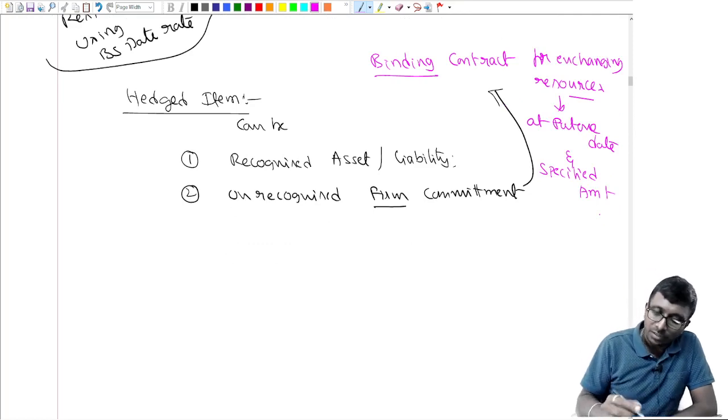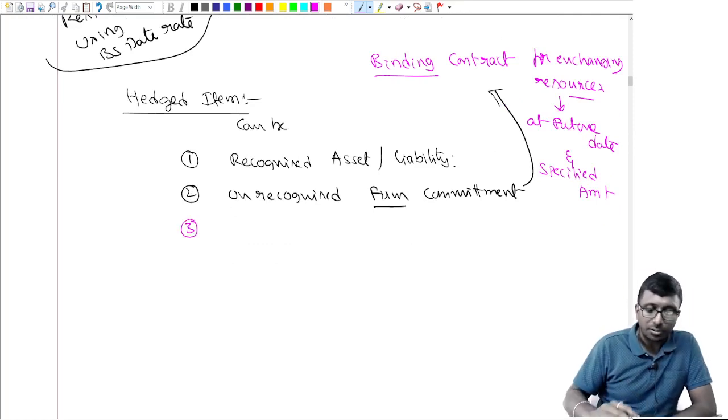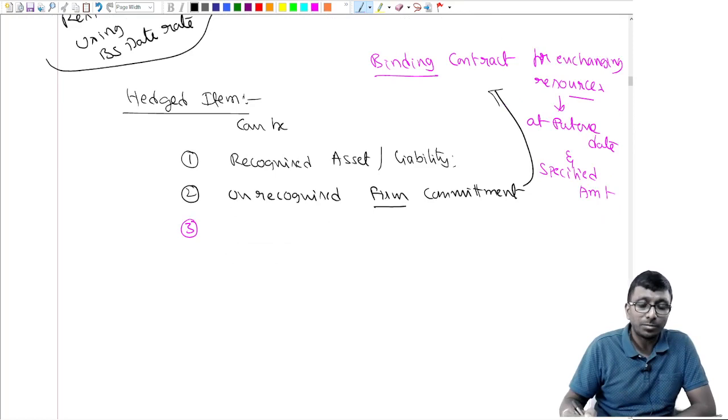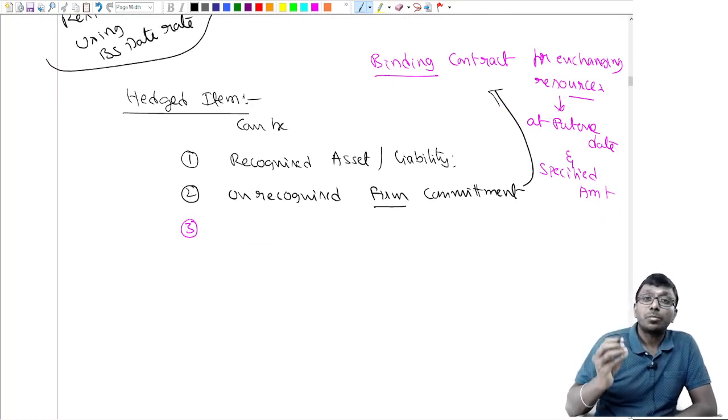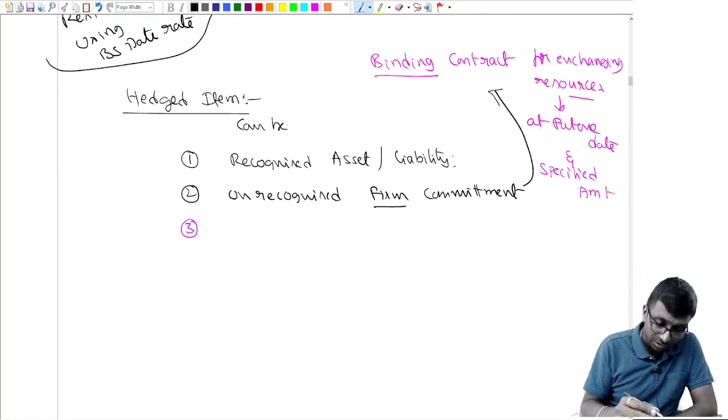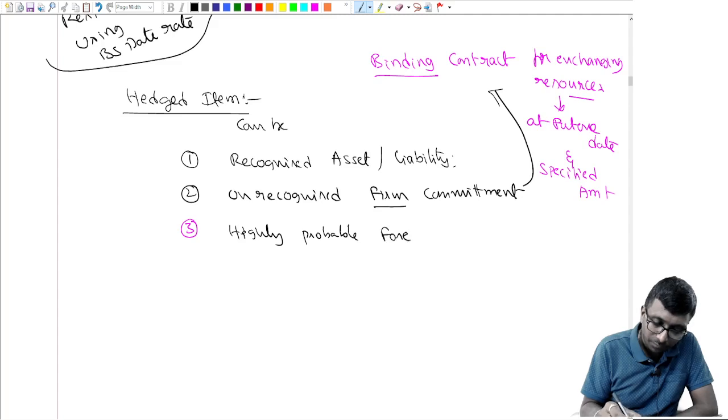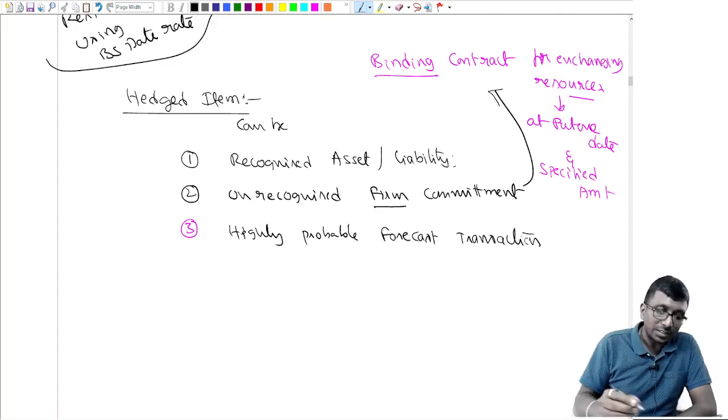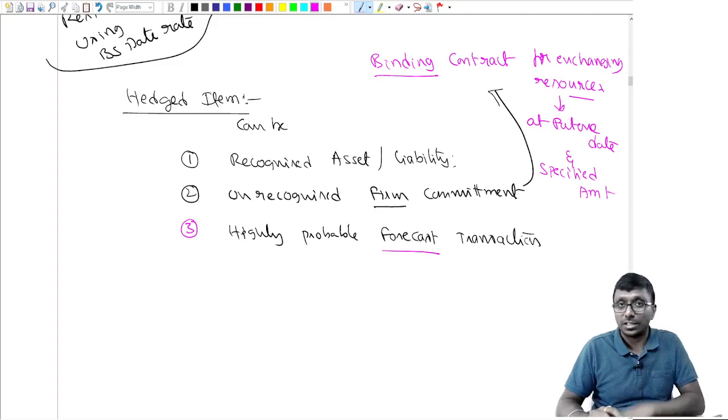The third one can be a highly probable forecasted transaction. First of all, as the name itself says, it is a forecast transaction.